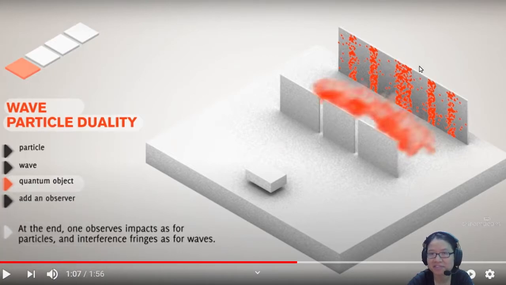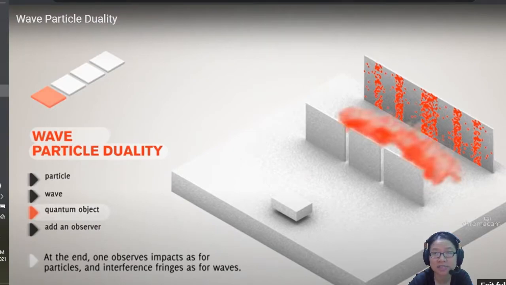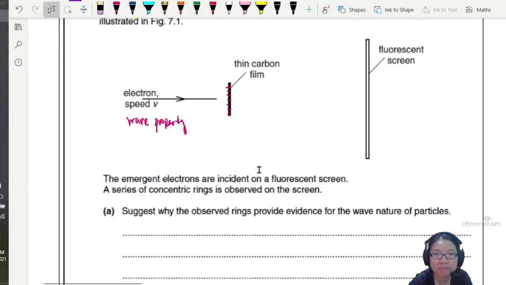If we repeat enough times, you will still get those bright and dark fringes. And if I rotate the screen 360 degrees, this is what we will get, the concentric rings.